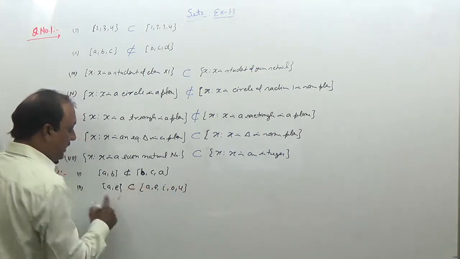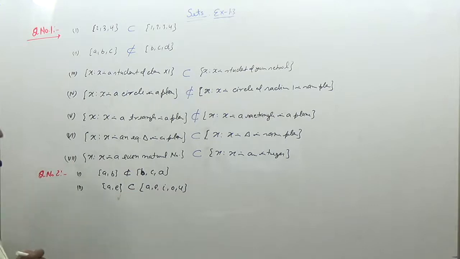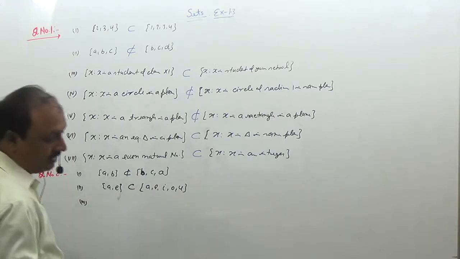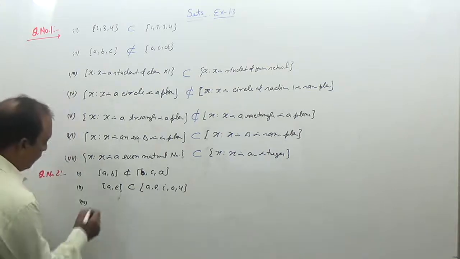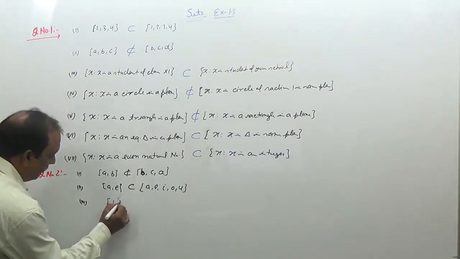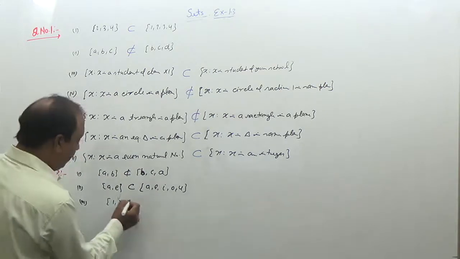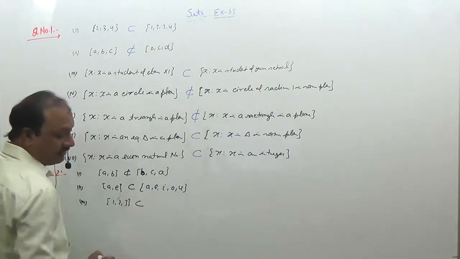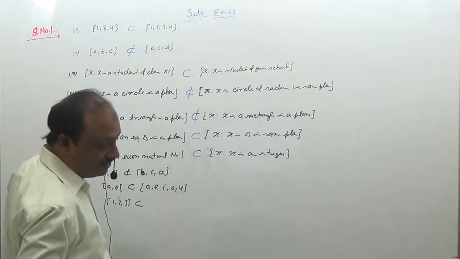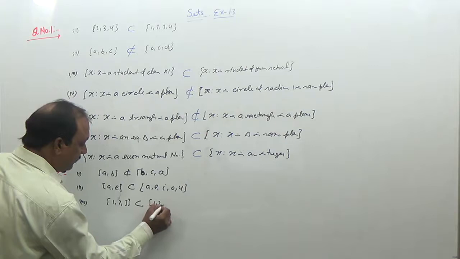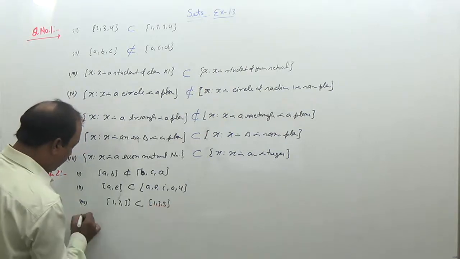तो पहले सेट में एलिमेंट है ए ई, दूसरे में ए ई आई ओ यू. Third case is a set of elements 1, 2, 3. It is a subset of the set of elements 1, 3, 5.